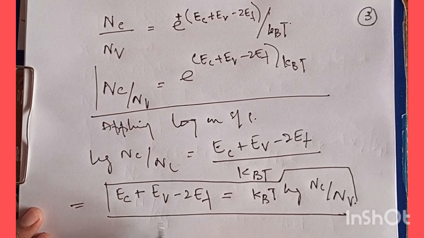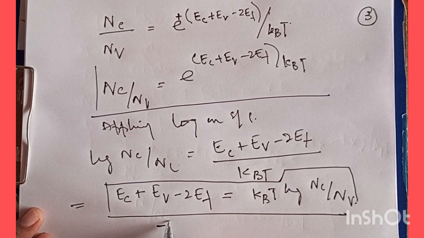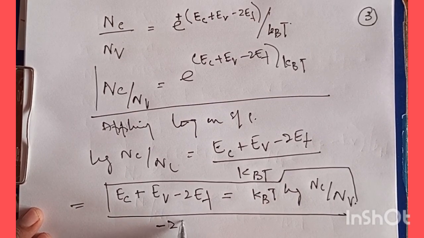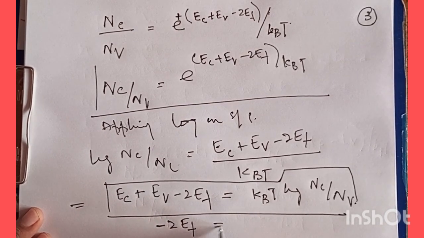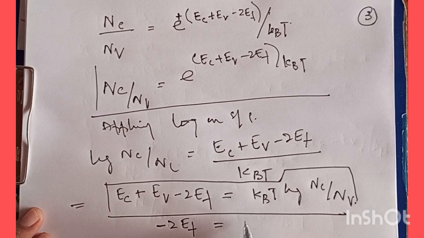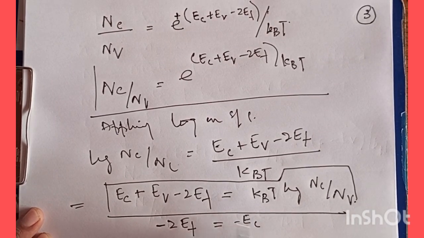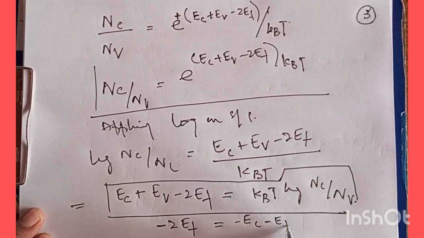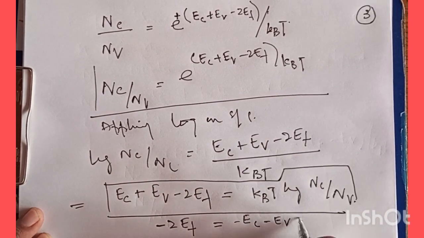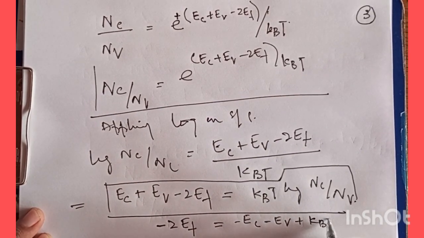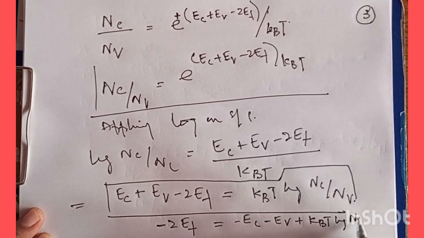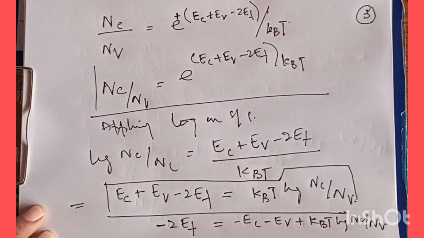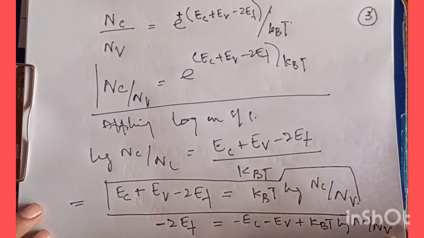Now, if I keep this twice E_F here, it is minus twice E_F. This E_C will go to the other side and become minus E_C, this will become minus E_V, and we already have k_B T log of N_C by N_V. Let us multiply this equation by minus from both sides.